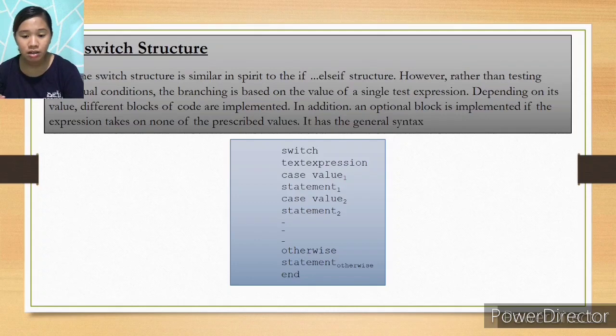In addition, an optional block is implemented if the expression takes on none of the prescribed values. It has the general syntax: switch test expression, case value 1, statement 1, case value 2, statement 2, otherwise statement, otherwise, end.